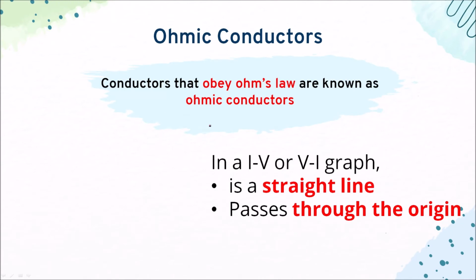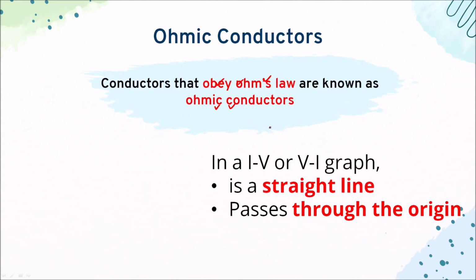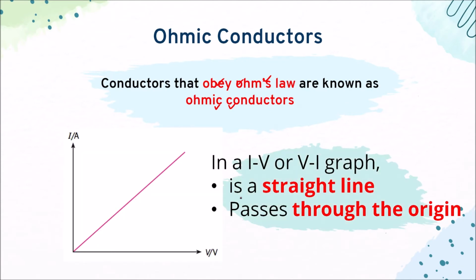There are conductors that don't obey Ohm's law, but conductors that obey Ohm's law are known as ohmic conductors. So the resistor that you use in the lab is considered an ohmic conductor because the IV graph or VI graph that you plotted is a straight line and it passes through the origin.